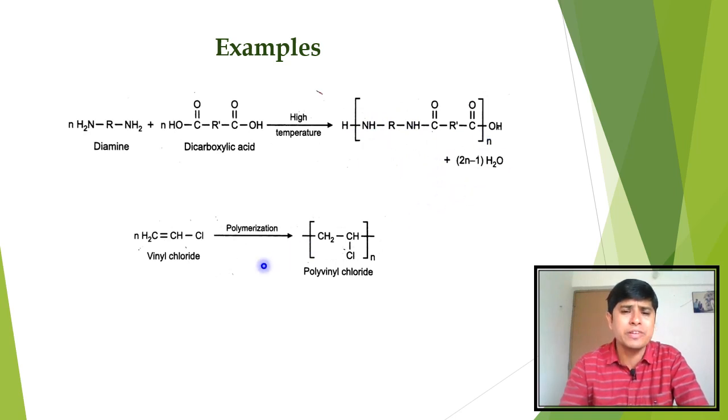For example, vinyl chloride will react with other vinyl chloride molecules. So n number of vinyl chloride molecules will react with each other, forming polyvinyl chloride. These are some examples of the polymerization process.